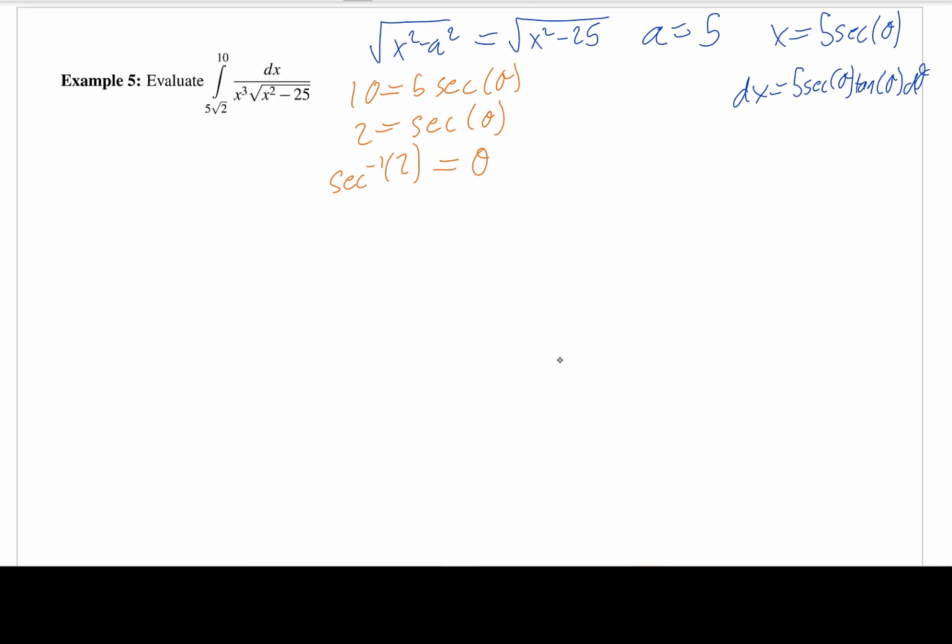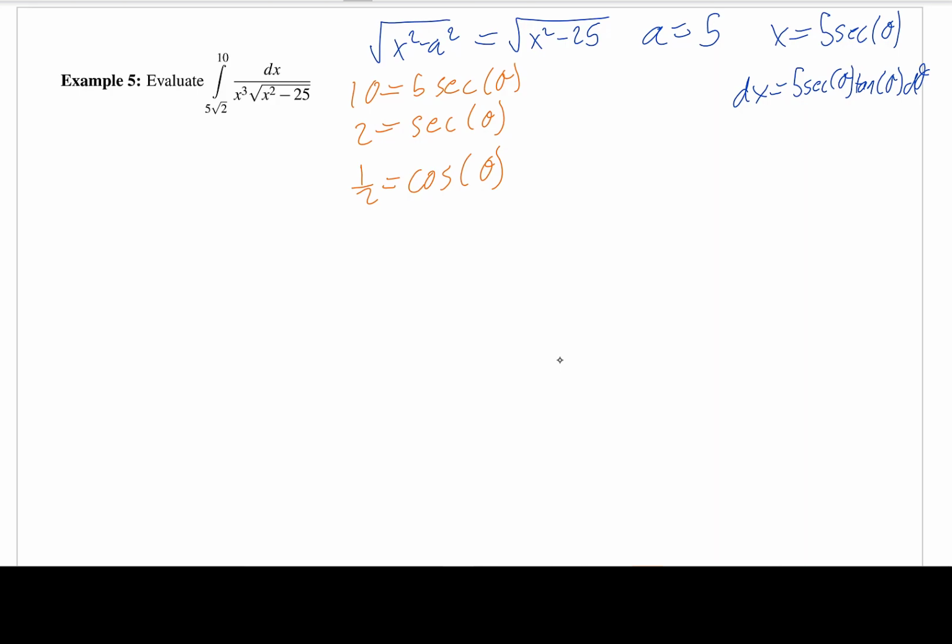And so here's the thing, it may not appear inherently obvious as to what secant inverse of 2 is. So I want to give you a different way to think about it. I want you to think of secant of what angle is going to give us 2. Now, maybe a better way of thinking about that is that 1/2 is equal to cosine theta.